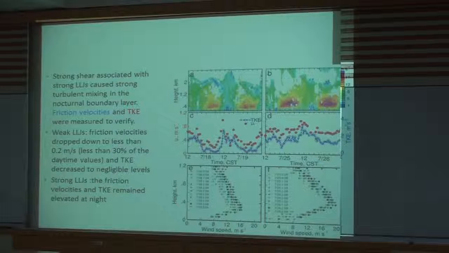I think also because the PBL height is higher, the low-level jet height is higher, so this layer is thicker, and the maximum can also be higher than in the weak case.